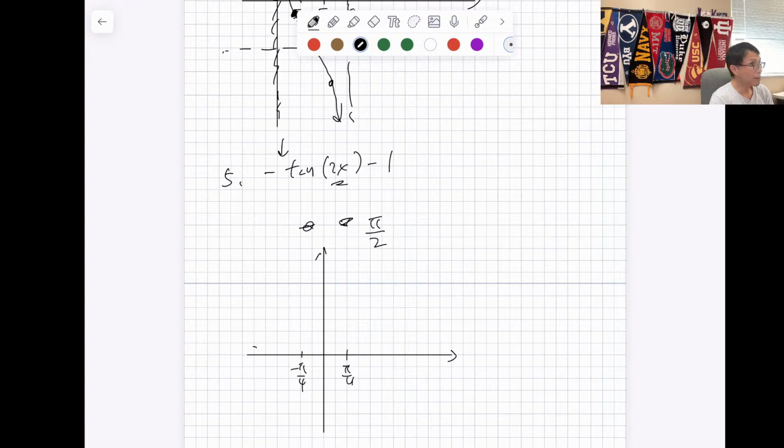Does that make sense? So then you're going to have an asymptote. And again, it's negative 1, so it's right here. And it's going this way, so it's 2 units up. Oh no, not 2 units up, it's 1 unit up, 1 unit down. And that's it.